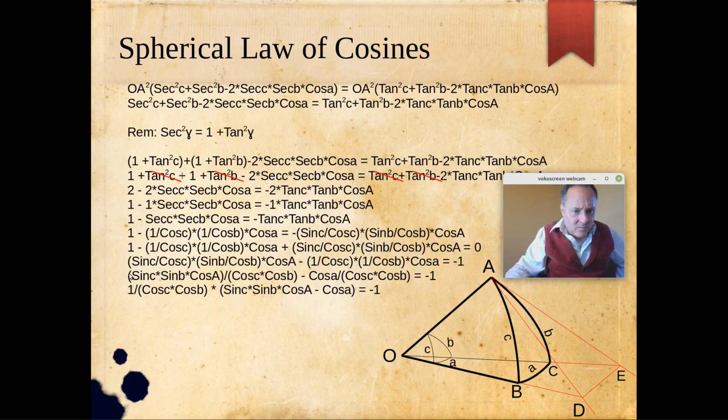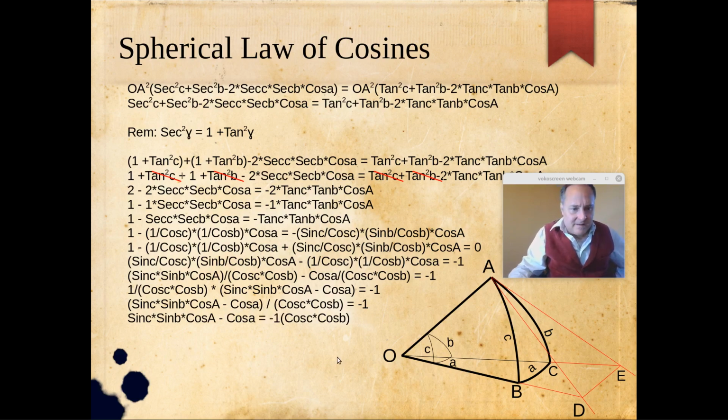And that is what's on top here minus what's on top here. And then I can combine them by slipping this right underneath this. And so what I've done is neaten up this equation. So I have sine C sine B times cosine A, minus cosine a, divided by cosine C times cosine B, and that's equal to negative 1.